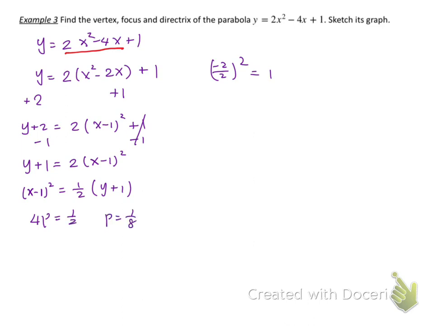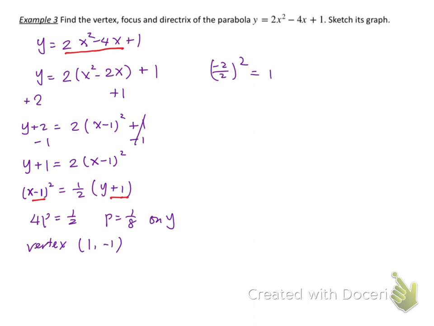And the center or the vertex happens at x then y, but both negated, (1, -1). And also this is on y. Okay, we have the vertex, and I need to find the vertex, the focus, and the directrix. So the vertex is (1, -1).